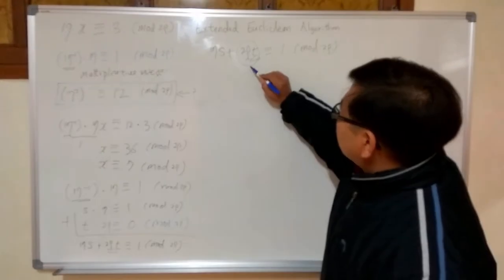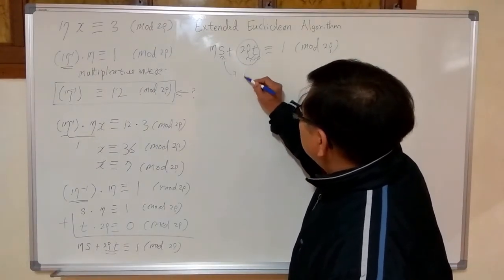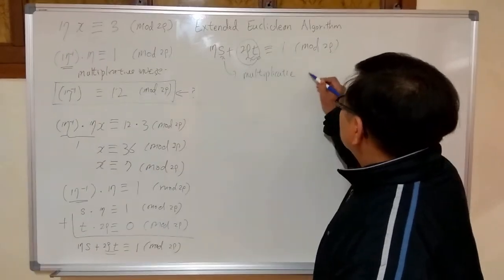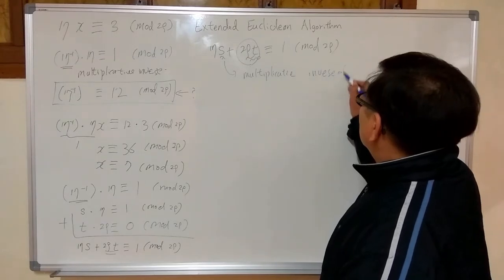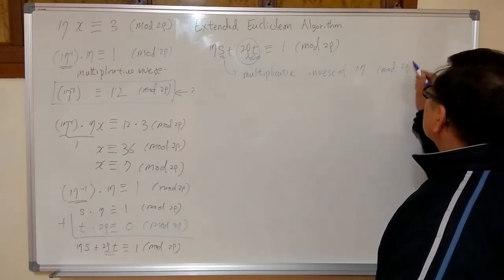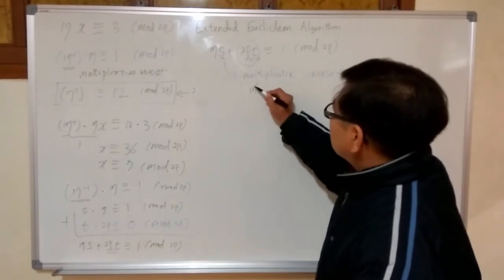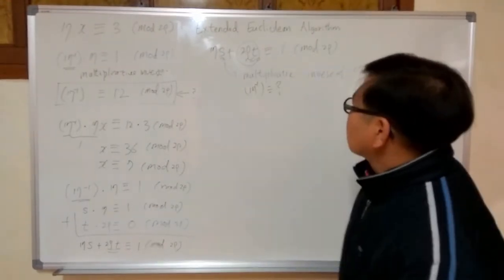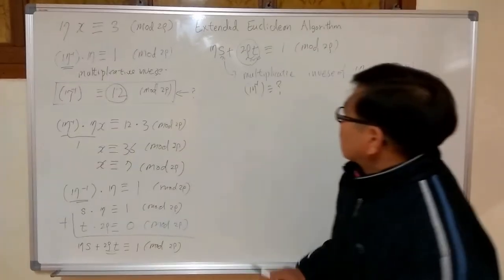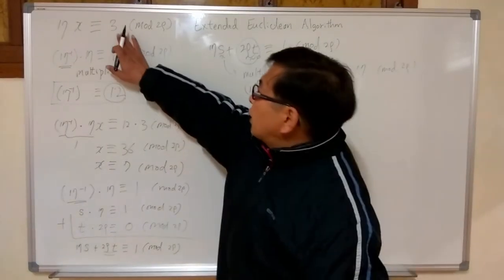If this term becomes 0, s actually means the multiplicative inverse of 17 mod 29. So this s actually means 17 inverse. So if we can solve here, we solved it. If we can find this multiplicative inverse, we can solve such kind of problem.